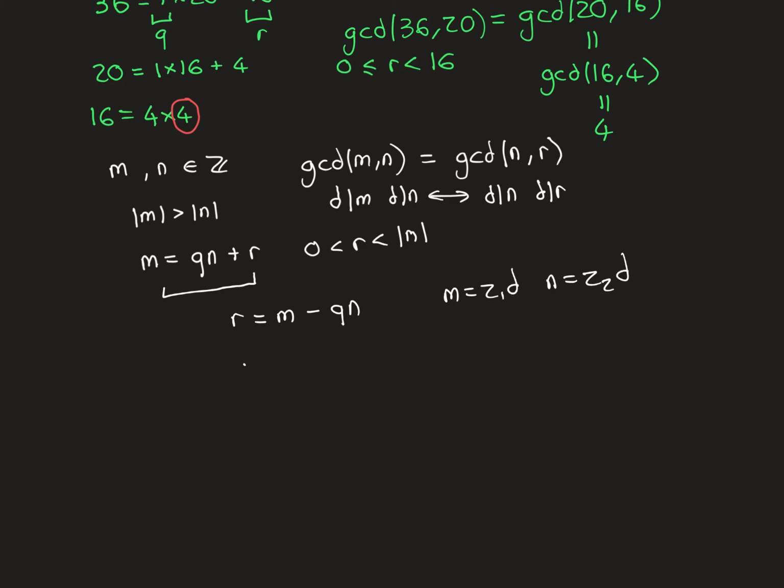Just substitute those in now, and we get r is equal to z1 times d plus, and we'll swallow that minus into the q, so we've just got minus q there, times z2 times d.